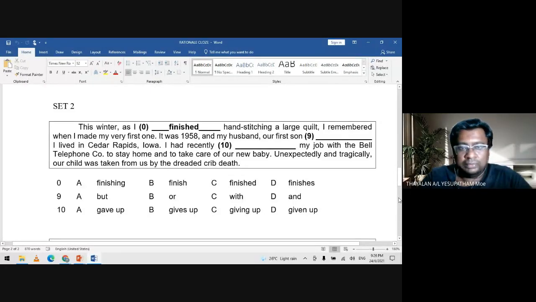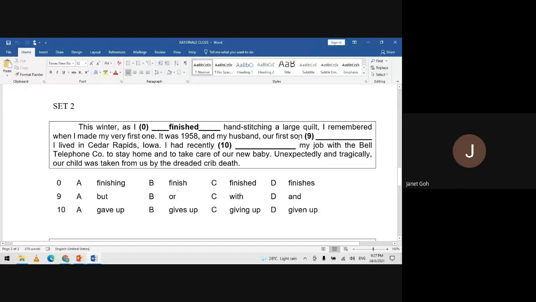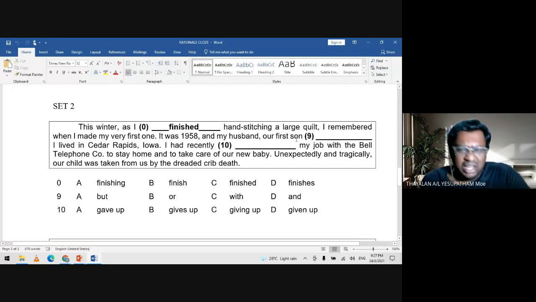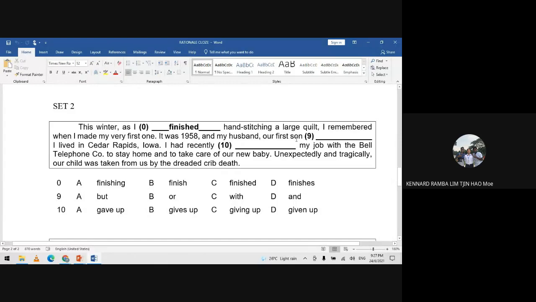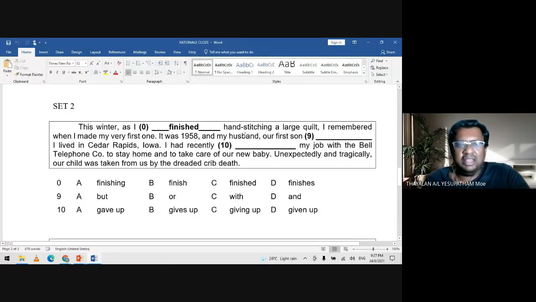Okay, so let's see. This winter, as I finished hand stitching a large quilt, I remember when I made my very first one. It was 1958, and my husband, our first son, and I lived in Cedar Rapids, Iowa.